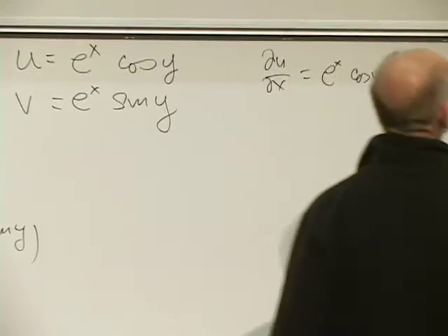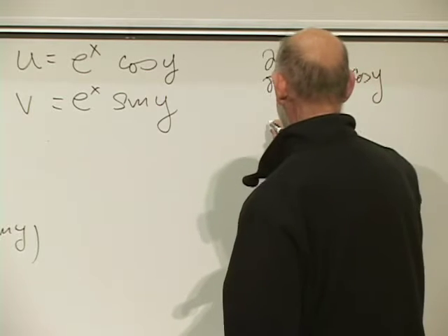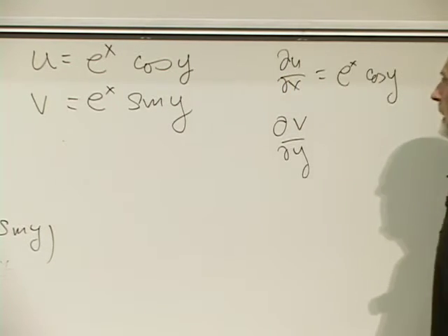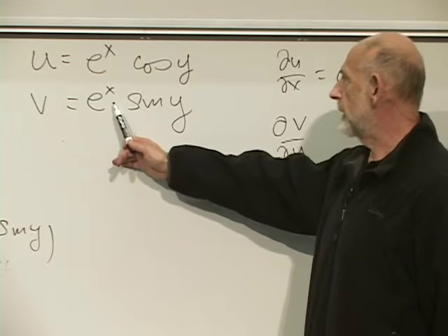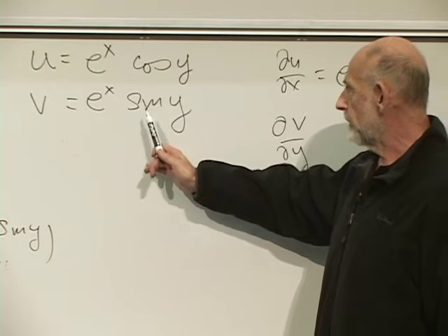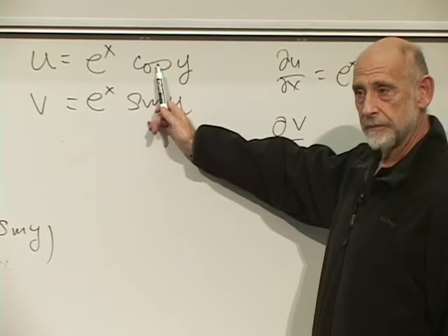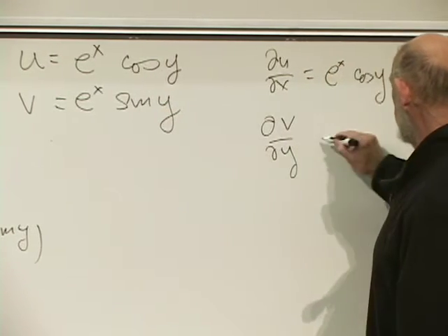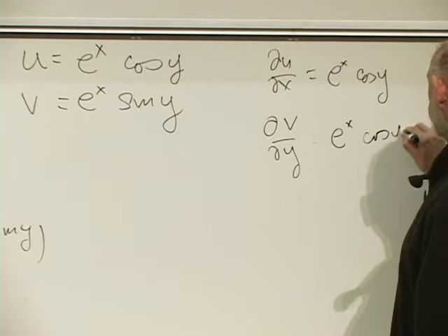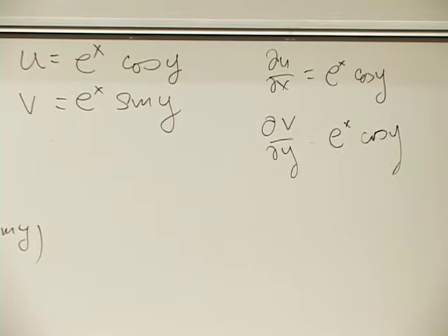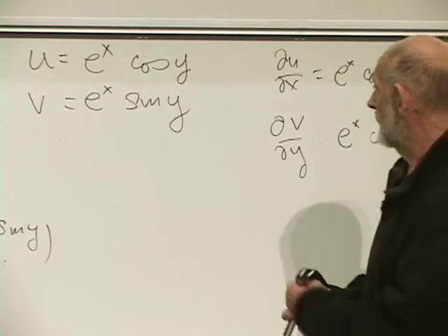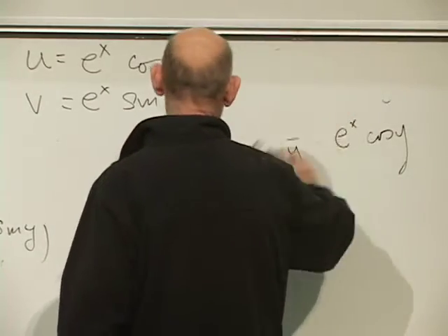What about dv by dy? What do we get when we differentiate this with respect to y? Derivative of sine is cosine. So this is again equal to e to the x cosine y. Yep, so the first Cauchy-Riemann equation is correct, and you can check the other one, it's also correct. All right, so we checked that e to the z is a good analytic function.